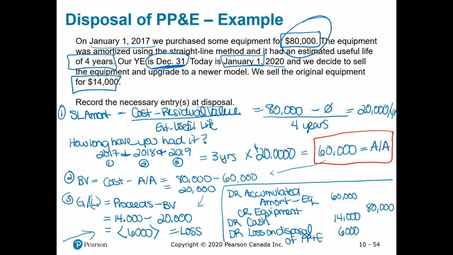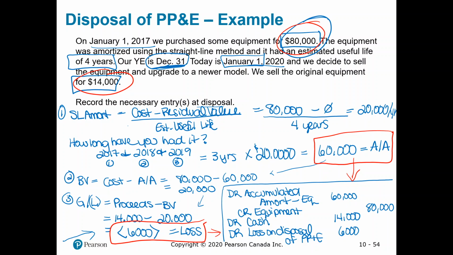And now we've got everything that we're calculating, we've got in there. So we've figured out this loss. We used that in our entry. Used our accumulated. We know the cost from the question and the cash from the question. So we've got everything, and it's always good to double check, do your debits equal your credits?